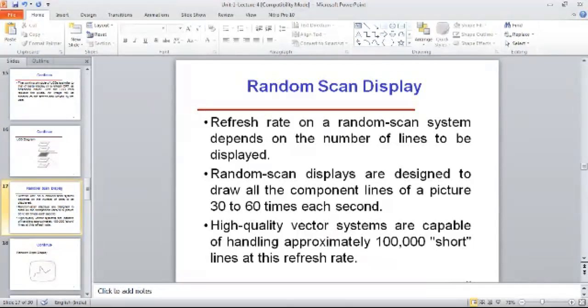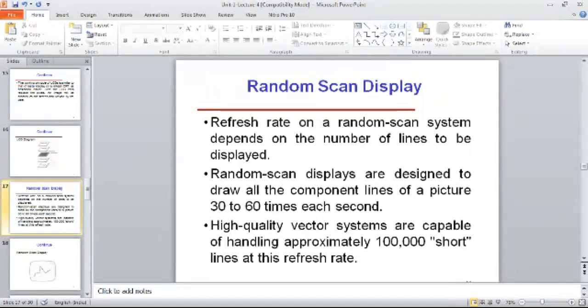Random scan displays are designed to draw all the component lines of a picture. So here we are getting the picture. In case of the random scan display, we get the picture with the help of the number of lines. So what is the refresh rate here? 30 to 60 times each second.